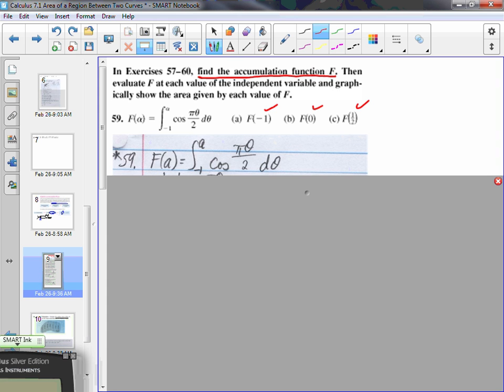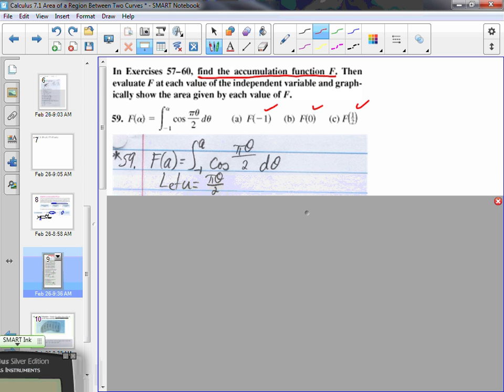I'm going to take this integral. If I'm going to integrate the cosine of pi theta over 2 d theta, well, I'm used to integrating the cosine of u du. Let's try that. Let's let u equal pi theta over 2, which is the same thing as pi over 2 theta, isn't it?